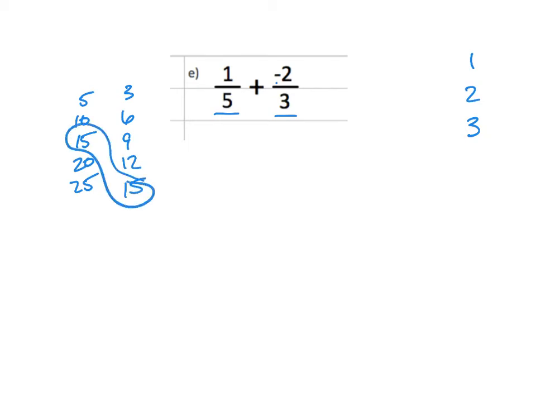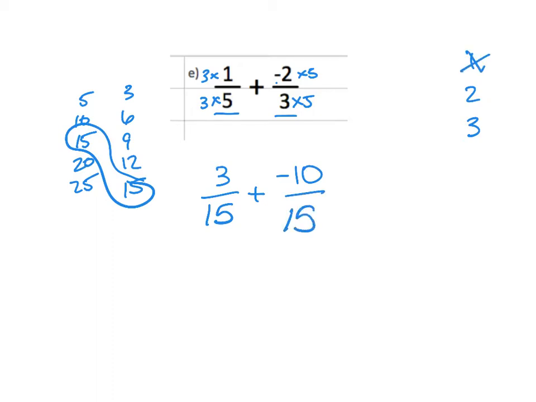There's my common denominator. So I multiplied the 5 by 3, so now I get 3/15. There's that equivalent fraction. 3 times 5 gives me the 15, so -2 times 5 gives me a -10. 3 times 5 gives me 15. Now I'm done with step 1.